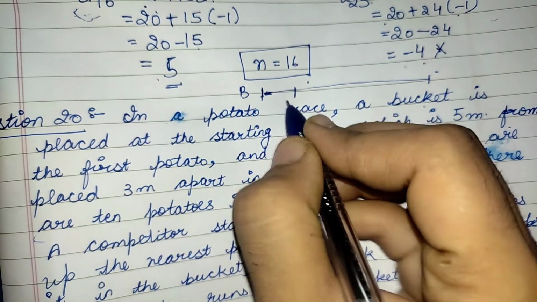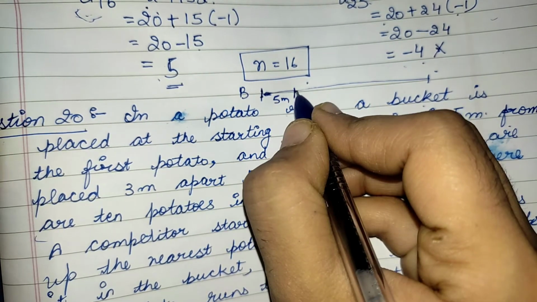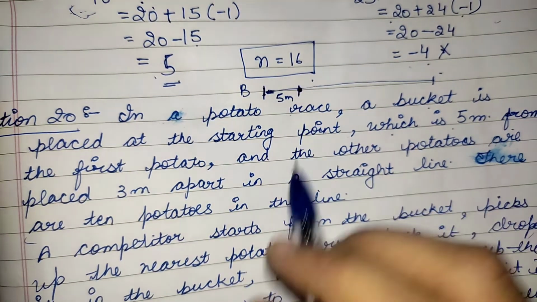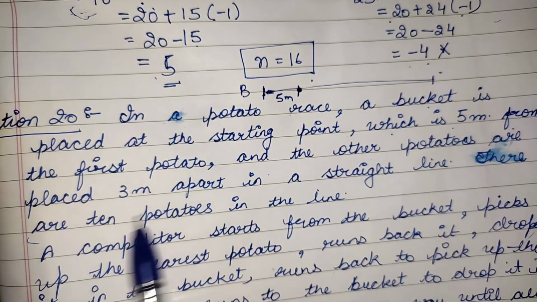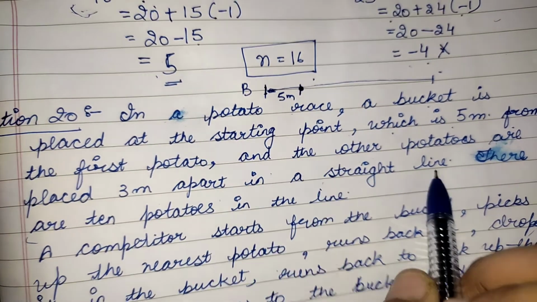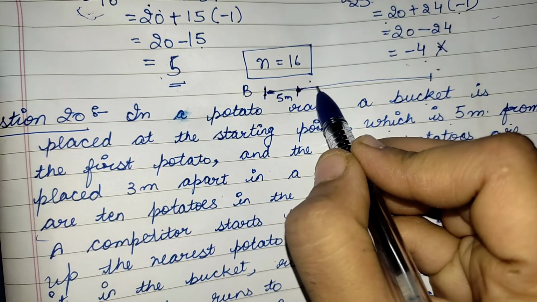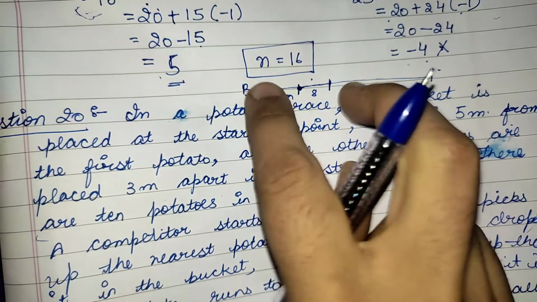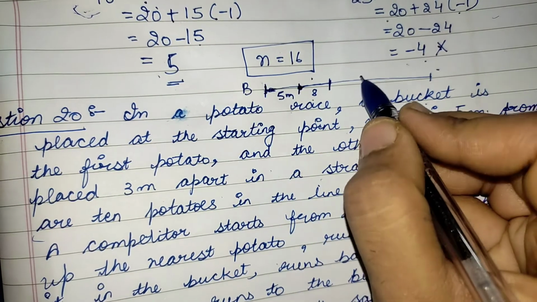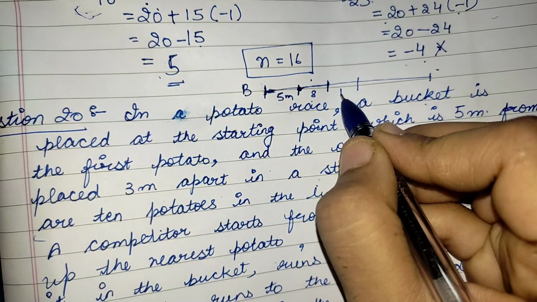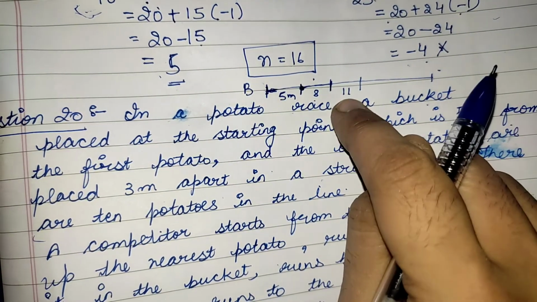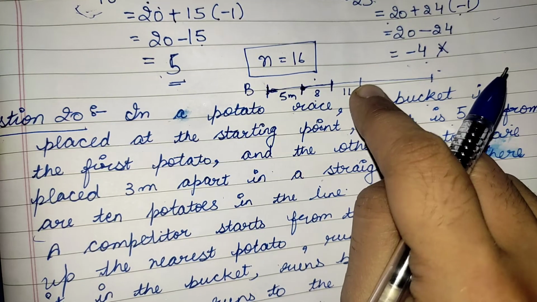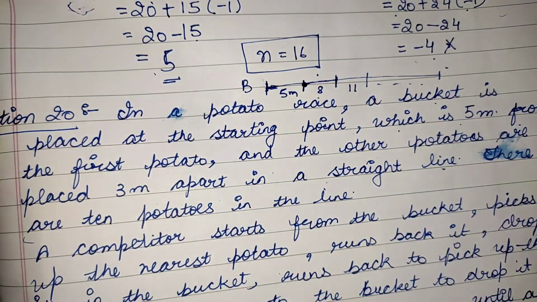This is my bucket and it is placed at a distance of 5 meter from the first potato, and the other potatoes are placed 3 meter apart in a straight line. Means after 3 meters, means 5 plus 3, after 8 meter from the bucket, second potato is placed. Then after 3 more meters, means 11 meter, third potato is placed, and so on.